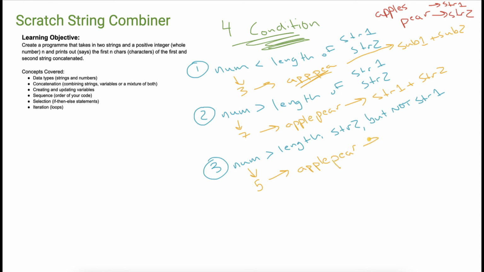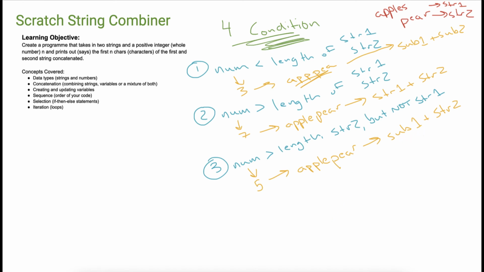So what that means is it's actually returning sub 1, and then it's returning str2. Because this number is bigger than the length of 4, it's going to return the original string, which is pear, but because it's actually less than the first string, we return sub 1.